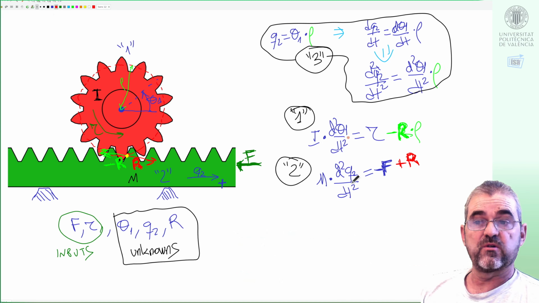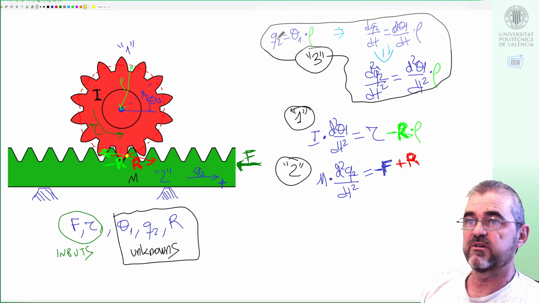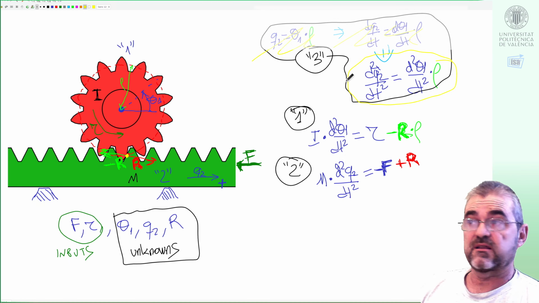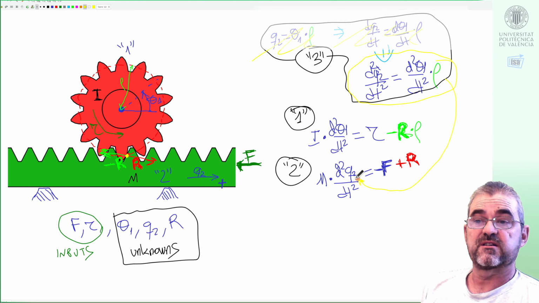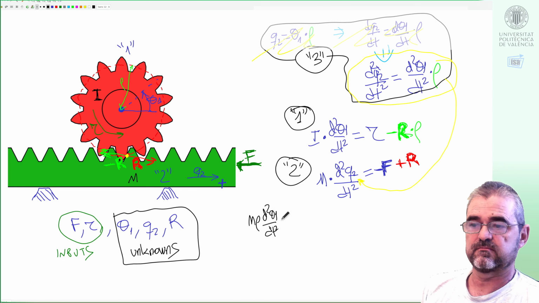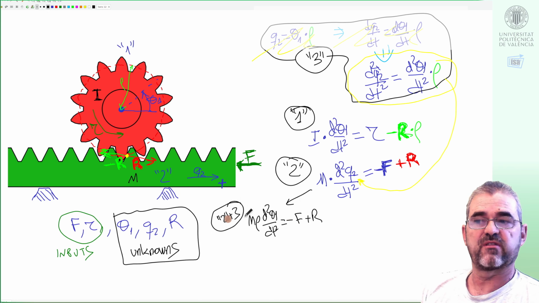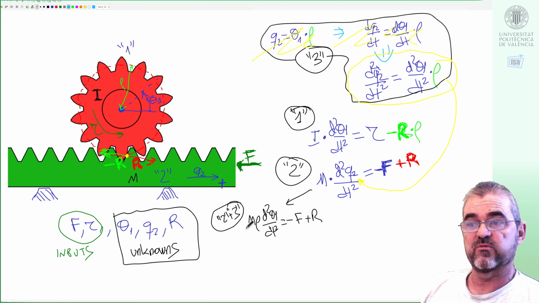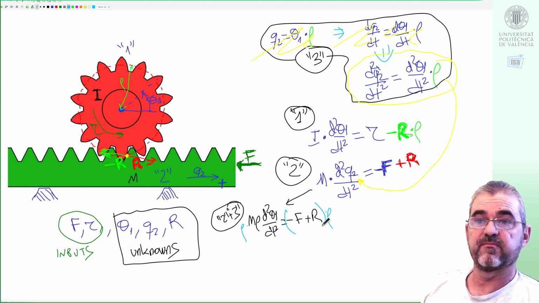Well, as only accelerations appear here, we will use this version of equation 3, and I will use that to replace this acceleration by rho times acceleration 1. So equations 2 and 3 end up saying this, and now in order to eliminate the reaction force, if I multiply by rho both sides of the equation, then I get plus r rho, and here I have minus r rho.